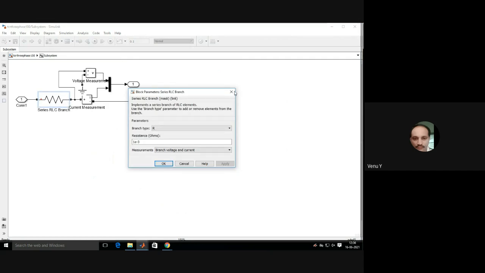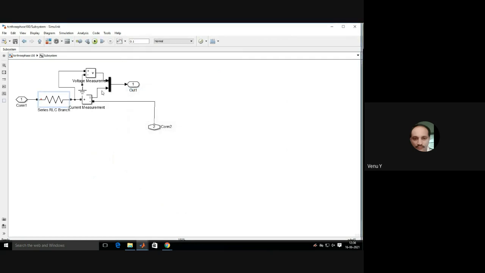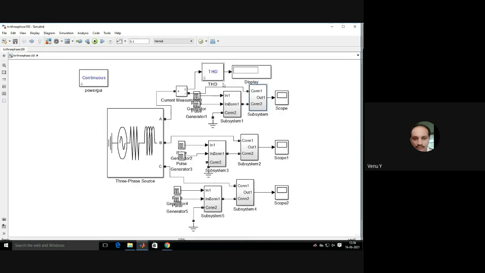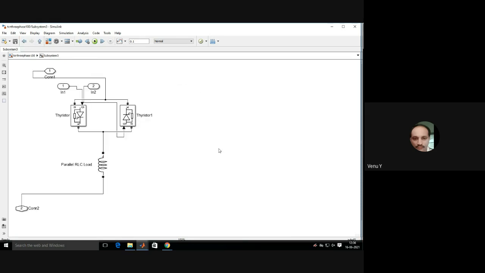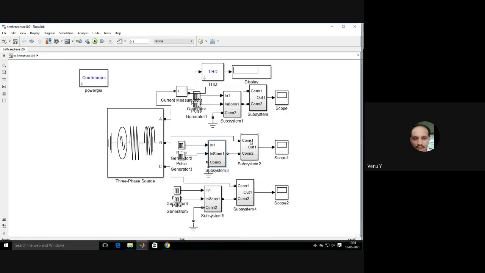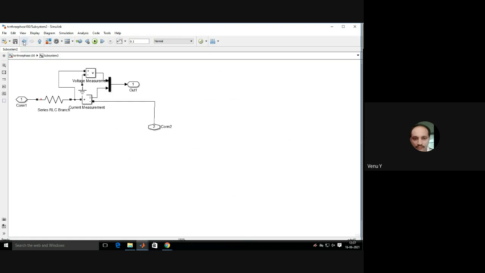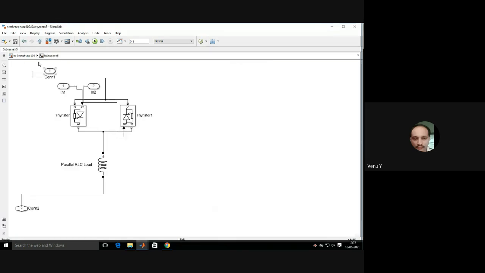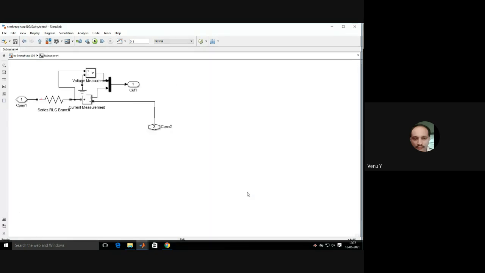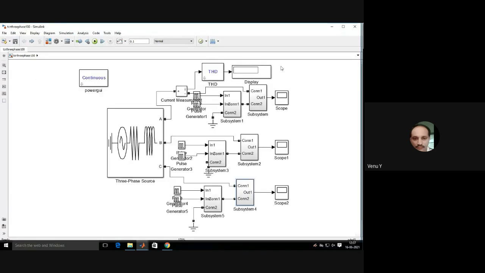This is the subcircuit of resistance, including the voltage and current measurements. In each phase it is like that: inductance subcircuit, resistance subcircuit.